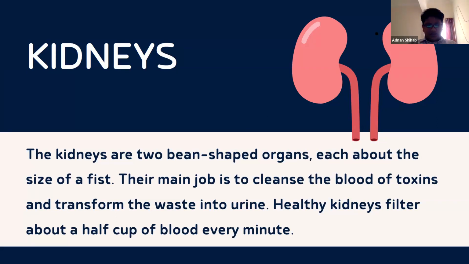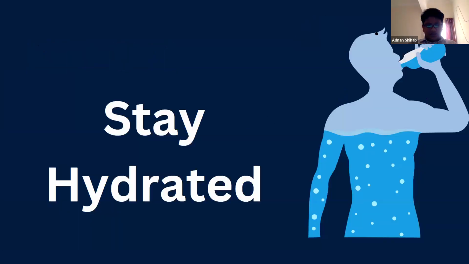So next. Okay, so I'm going to be telling how to prevent the kidney diseases. So first of all, stay hydrated. I am keeping a big bottle here, so I can stay hydrated.